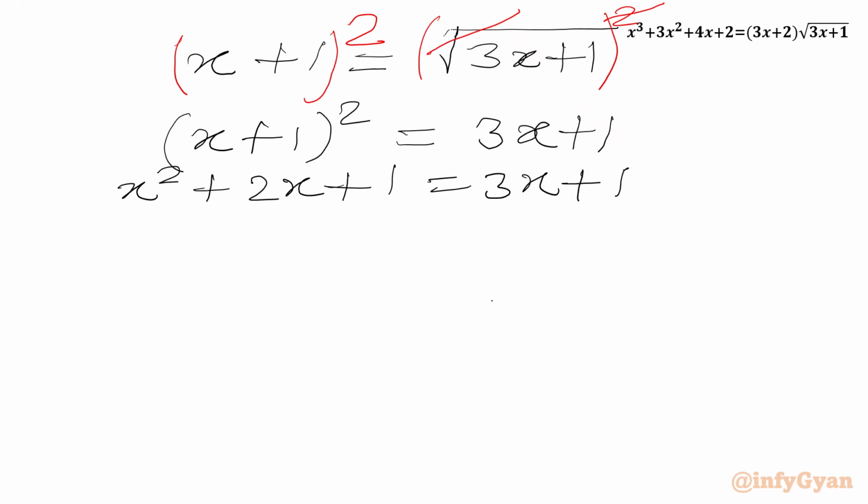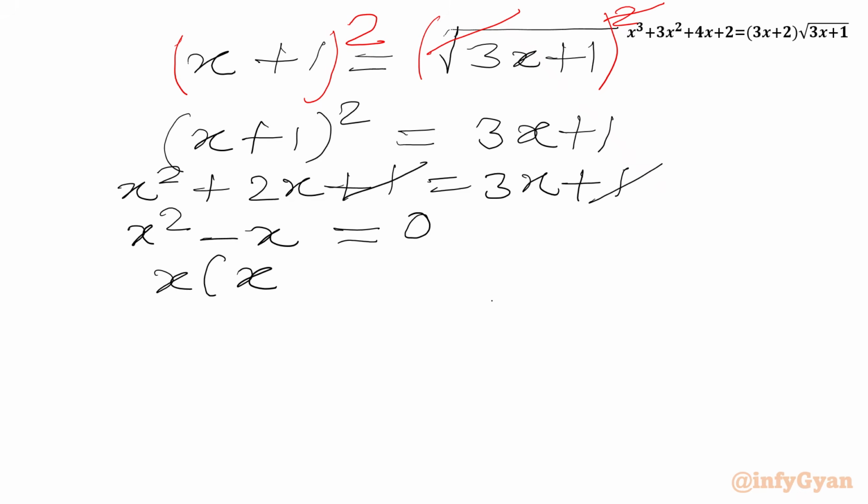We'll write all the terms on the LHS and get x square minus x equal to 0. 1 and 1 will be cancelled out once we subtract 1 from both sides. x is common, so we will take x common in the bracket. We will write x times x minus 1 equal to 0.